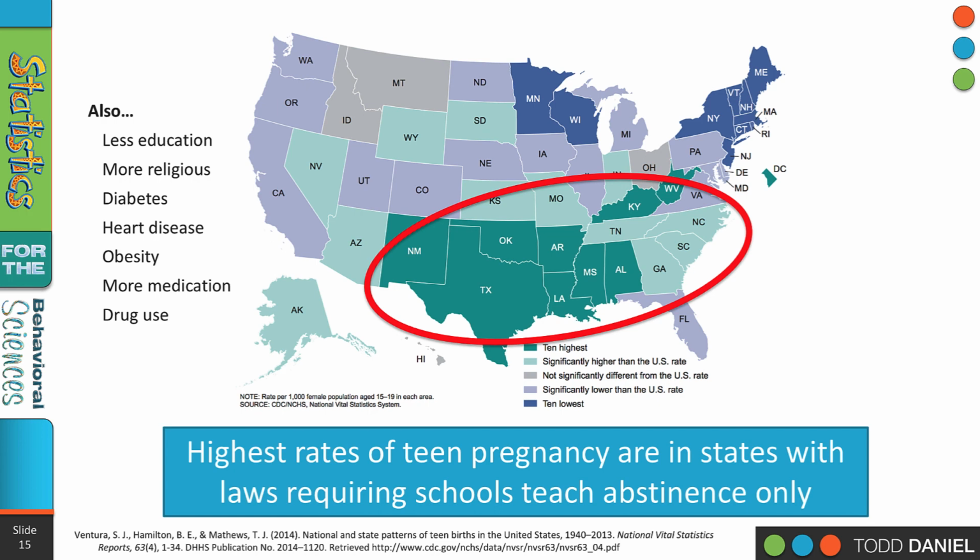Correlation does not imply causation. And that is absolutely correct. Correlation does not imply causation. But if abstinence education did in fact cause teen pregnancy to decrease, we would see a strong correlation between them. We would not see abstinence education being associated with higher rates of teen pregnancy.